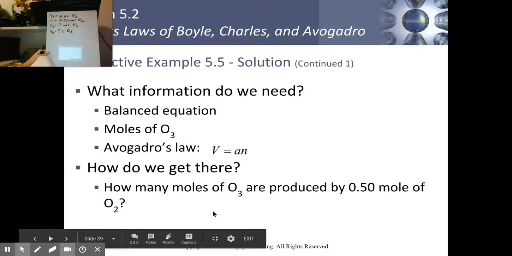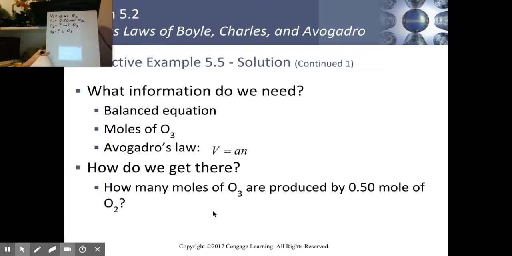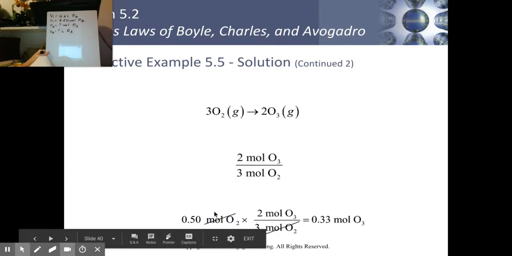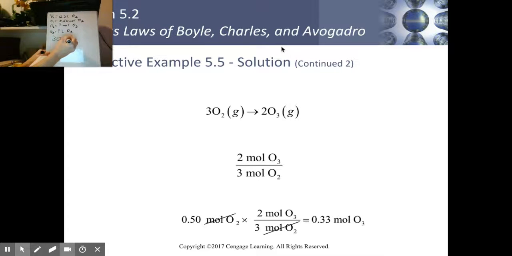So the first thing we need to find out is how many moles of ozone are produced by 0.5 moles of oxygen. So there's our equation: 3 moles of oxygen as a gas produces 2 moles of ozone, also as a gas. So we know with our stoichiometry, if we have 0.5 moles of O2, we need to find out how many moles of O3 we have, and it's a 2 to 3 ratio.